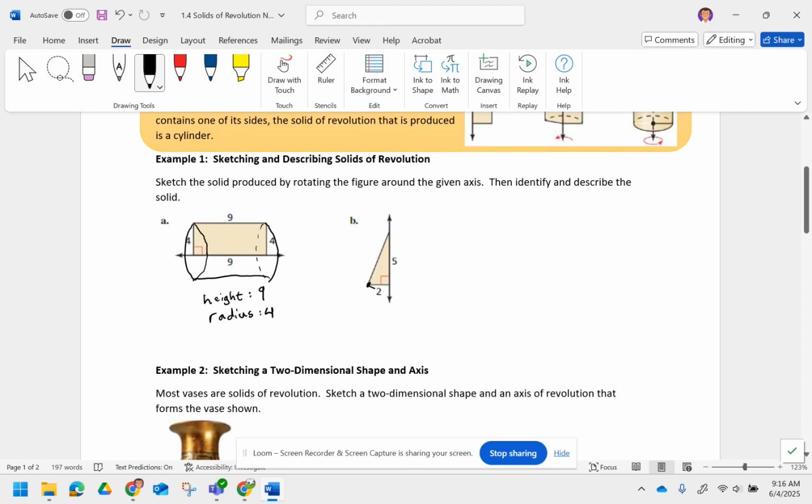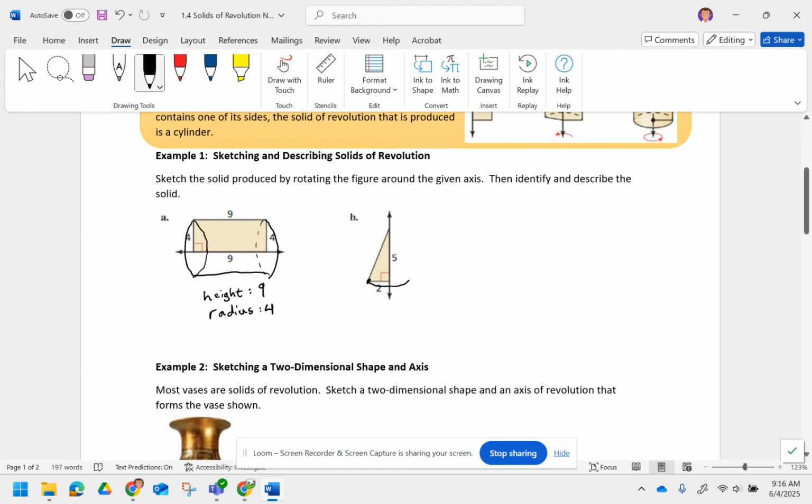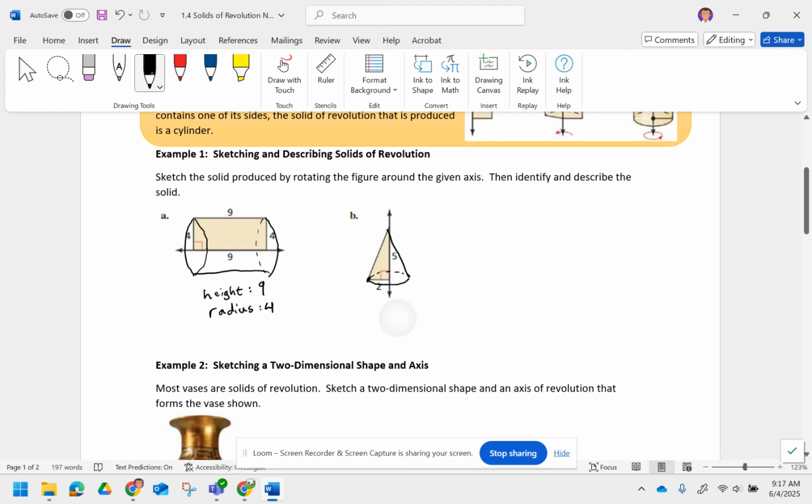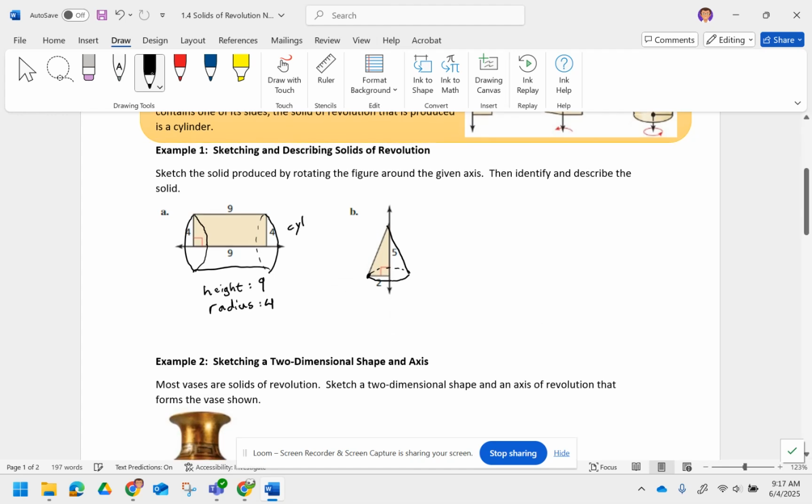So we'll just draw our half circle going towards the line, about the same distance after. All right, and now let's finish up that circle. Connect it to the other vertices. And there we have it. Oops, I should have labeled this. This was a cylinder.